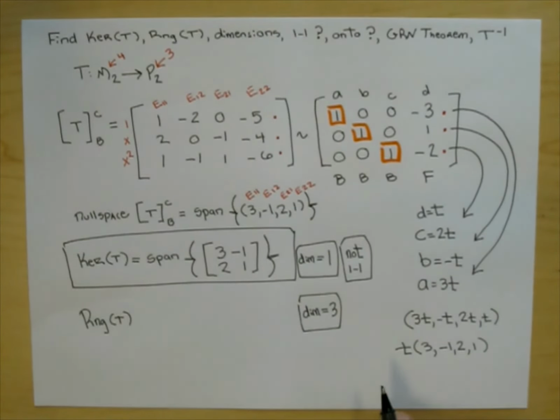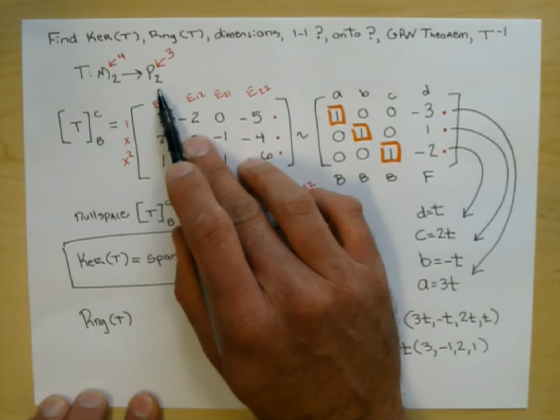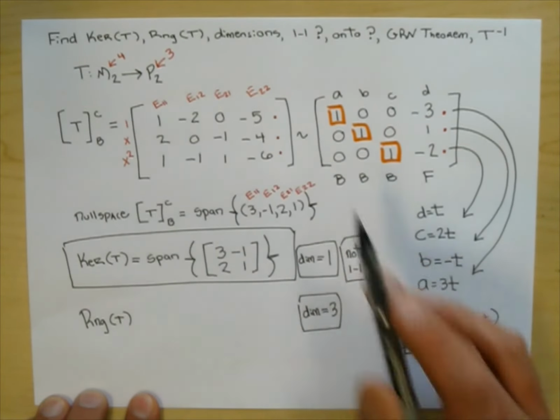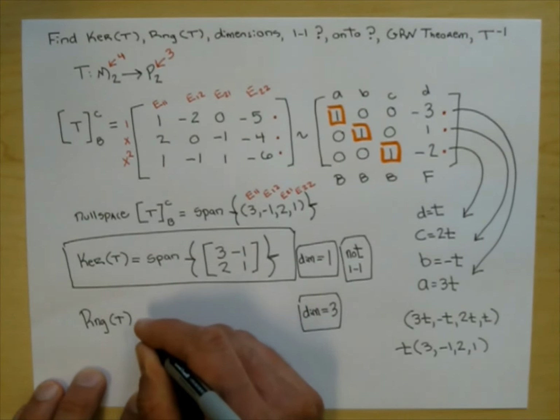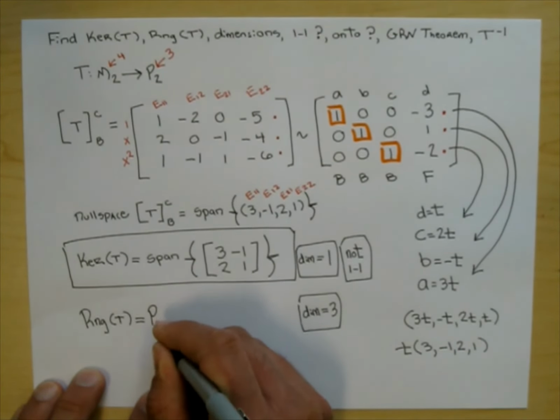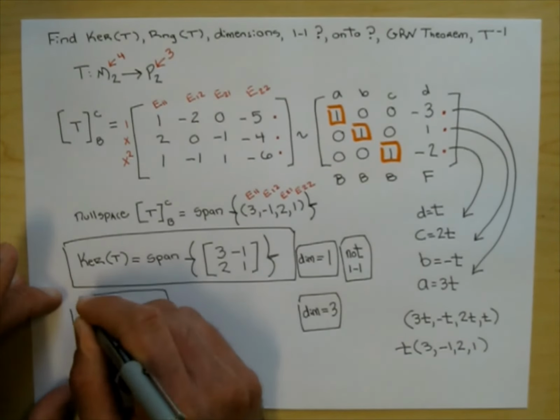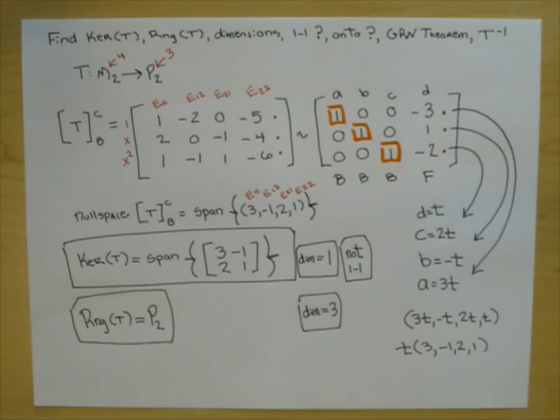Now here's the cool thing. The range lives where? In P2. P2 has dimension 3 as well. So the range is P2. And we got that from the general rank nullity theorem.